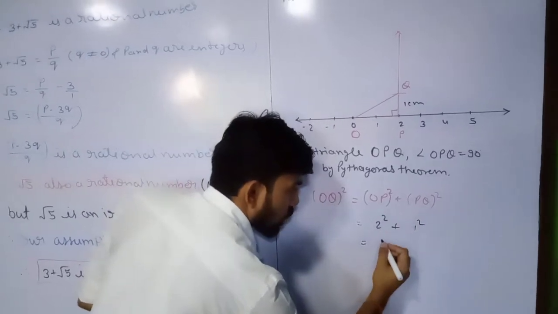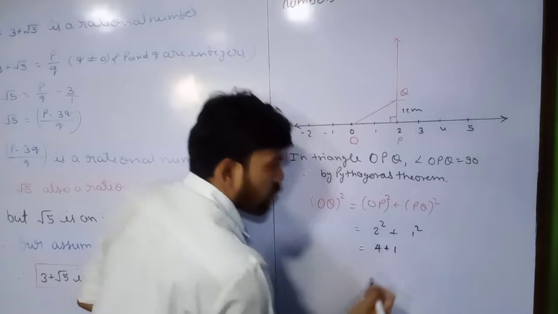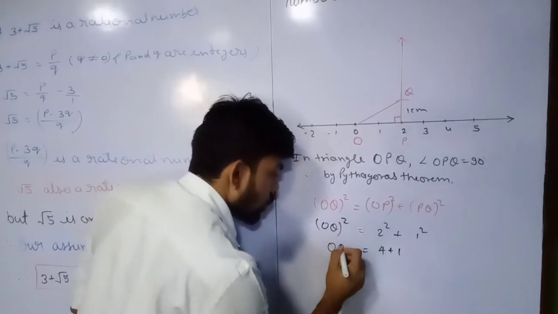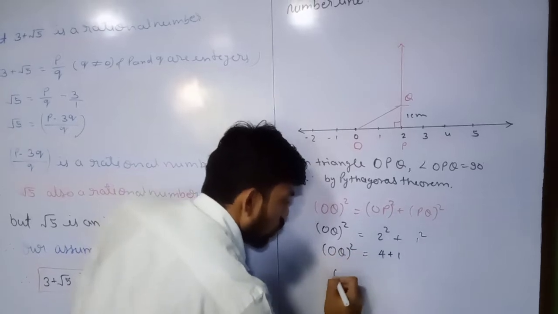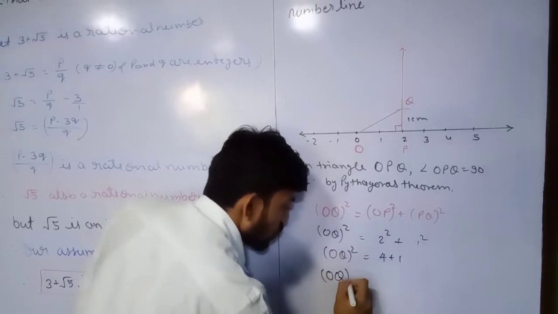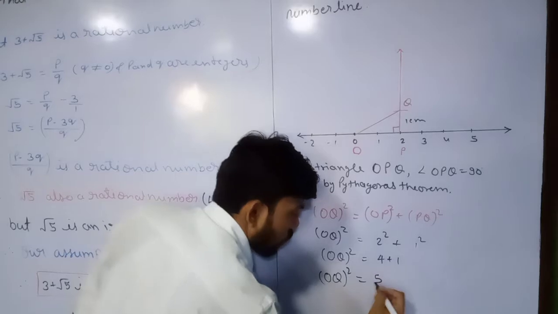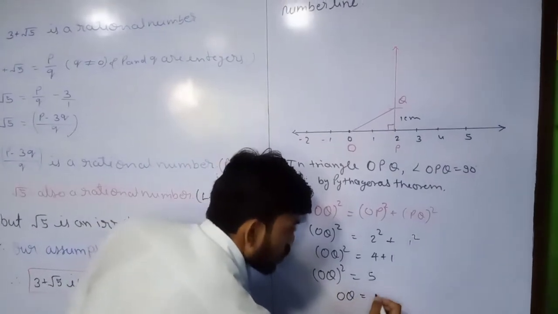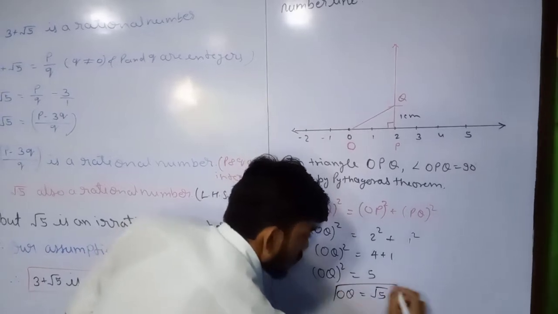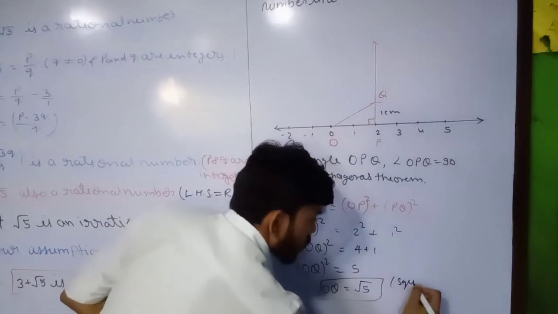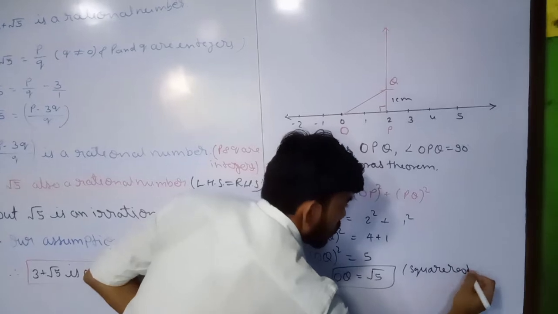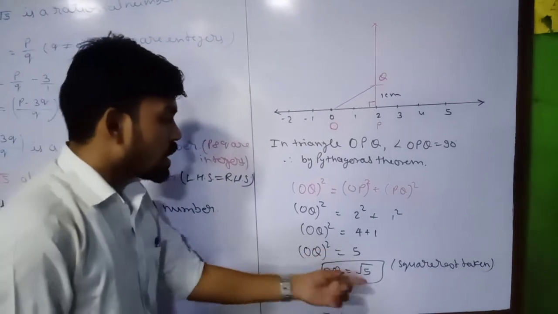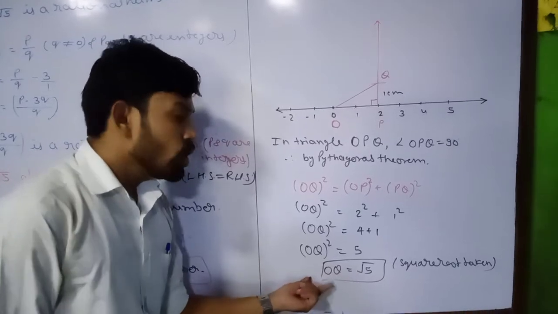It is square of 2, 4, plus 1. Here we have OQ square. Now OQ square is equal to 4 plus 1, 5. We have to take the square root on both sides. So OQ is equal to root 5. Reason: square root taken. If we take the square root of this 5, it will come under root, and OQ is equal to root 5.